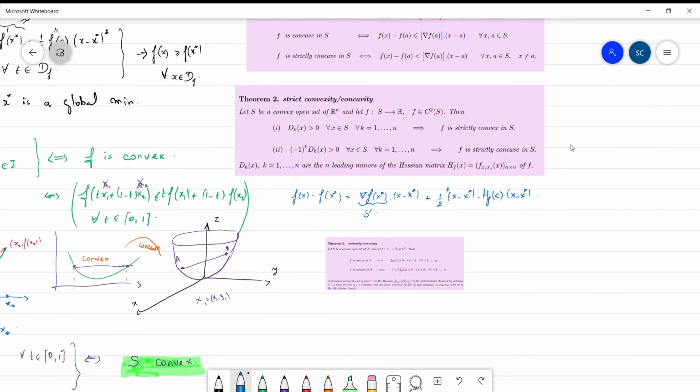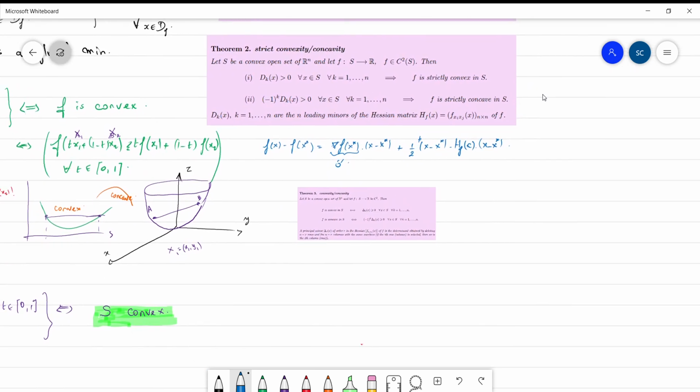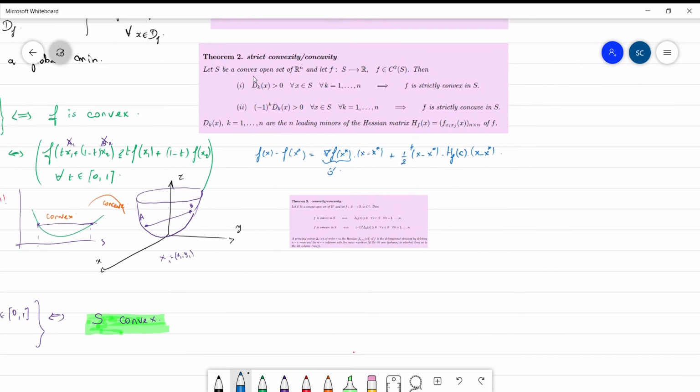It connects, in a way, just using computing determinants, which is feasible even for large dimensions. It's like polynomial operations, multiplication and addition. You can use a computer to do that and to check the sign. You see, it's much more practical than checking the definition.